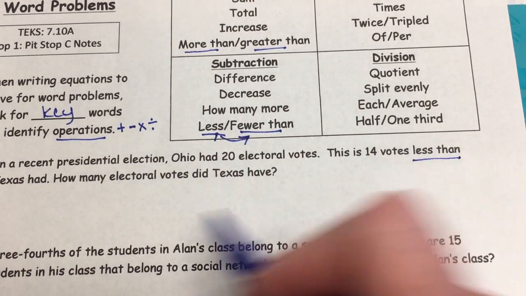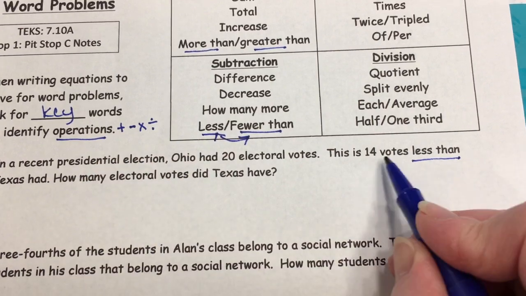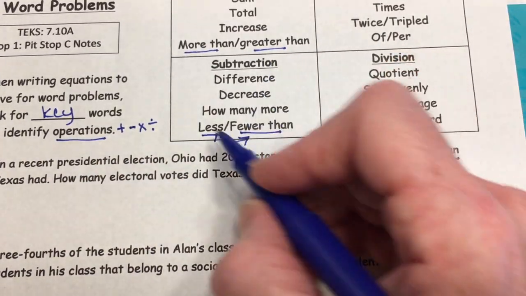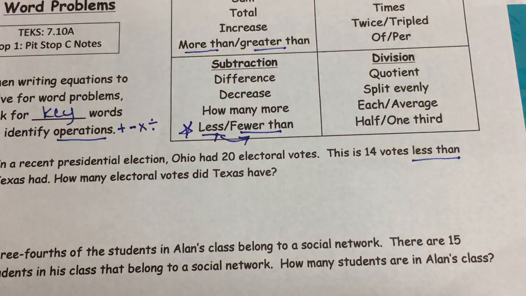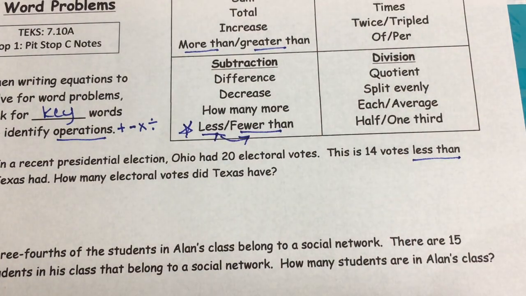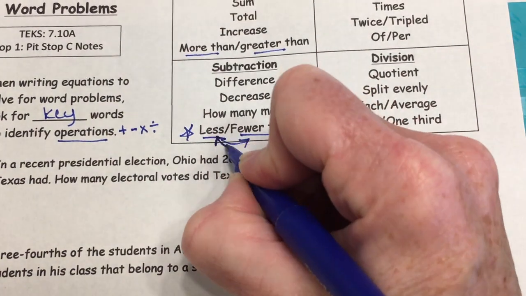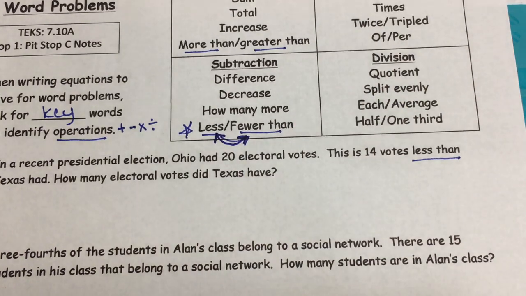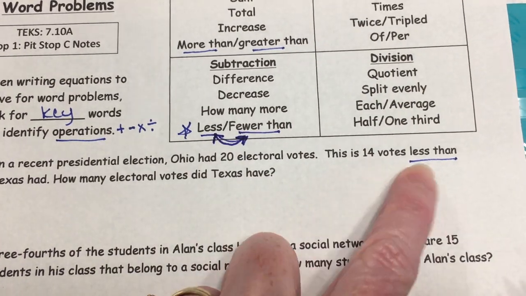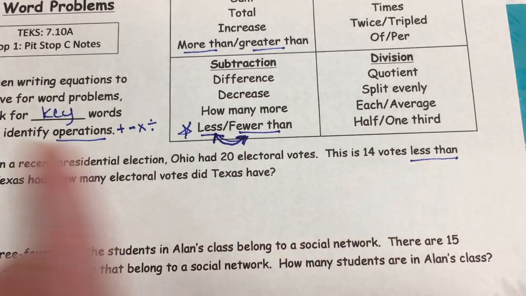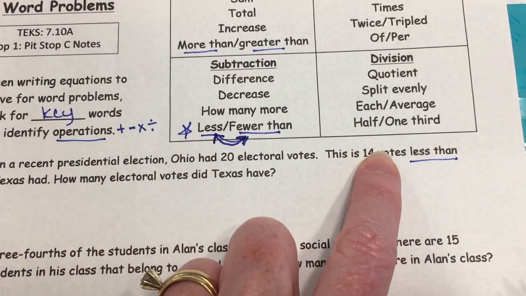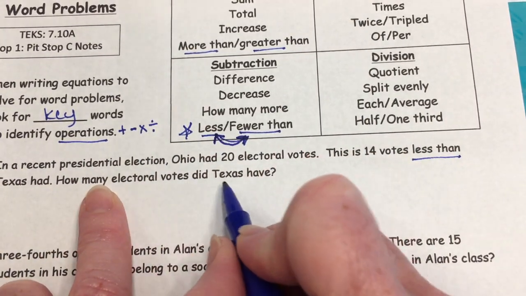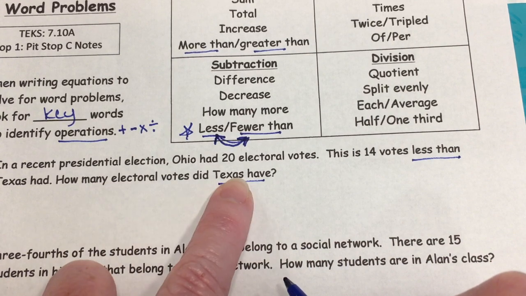And this is 14 less than Texas, right? So less than is telling me to subtract, but remember, with less than and fewer than, I also have to remember to switch the order. So instead of writing 14 minus something, I'm going to do whatever Texas had minus 14. Do I know how many electoral votes Texas had?